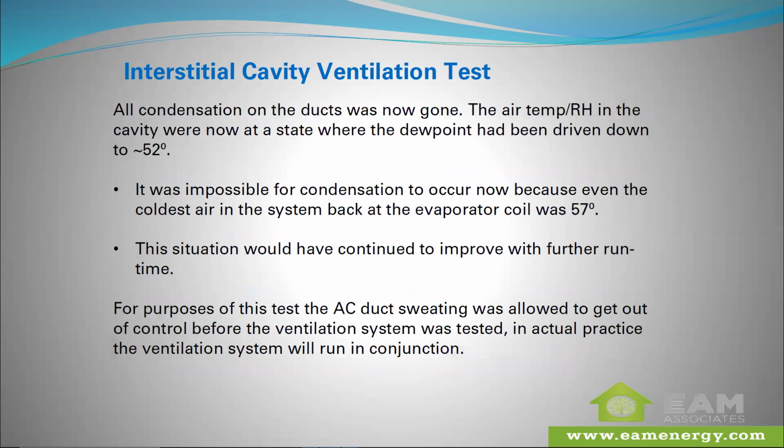And again, it was just simple physics. By ventilating that cavity with the warmer air from the house, we had driven the dew point down to 52 degrees. So it was impossible for condensation to occur at that point, because the coldest air in the system, even back at the evaporator coil, was 57 degrees. And the situation would have continued to improve with further running.